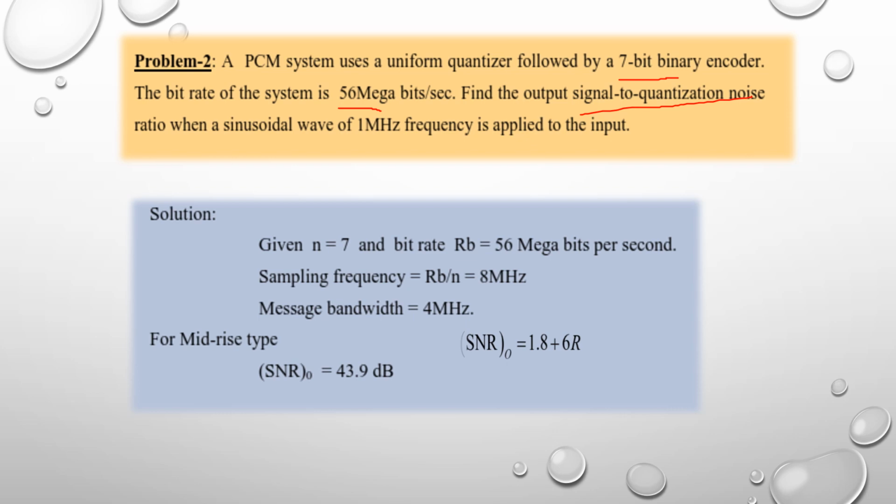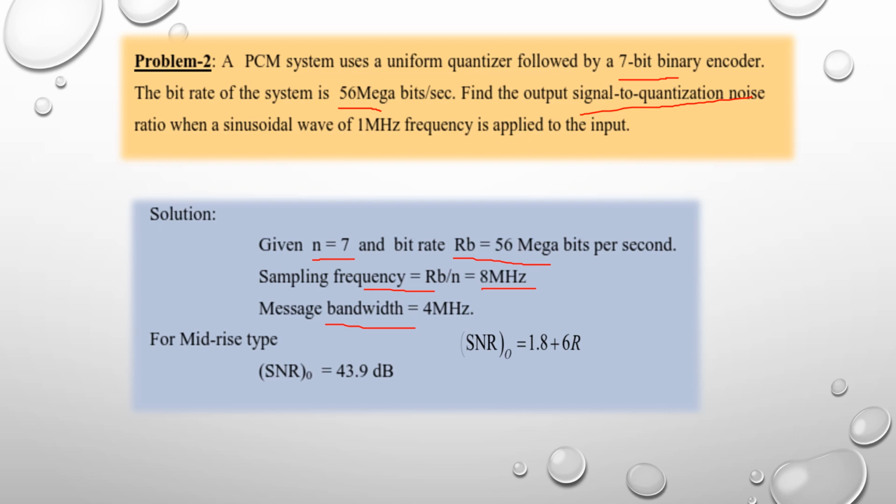They are given n is equal to 7 and bit rate Rb is equal to 56 megabits per second. The sampling frequency is equal to bit rate divided by n value. So we get sampling frequency equal to 8 megahertz and bandwidth equal to 4 megahertz.